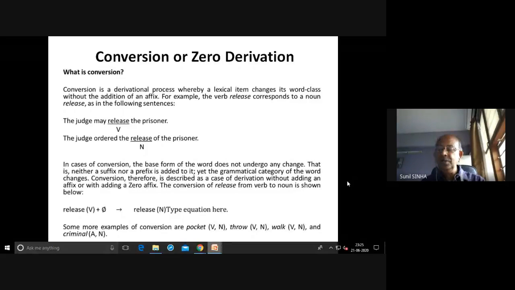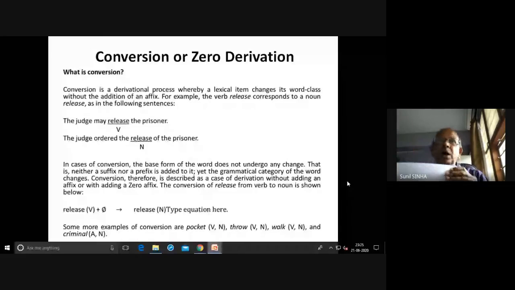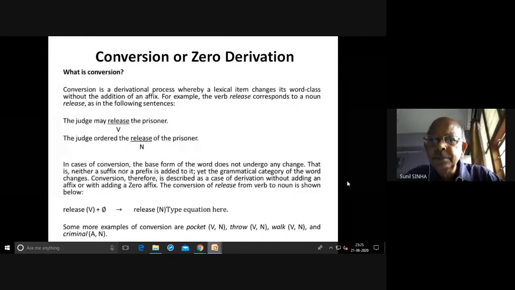What is conversion? Conversion is zero derivation. And what do we mean by zero derivation? We take a word, we add a zero affix, that is zero derivation, and that is conversion, which is different from deriving a word like write, writer. That is purely derivation, derivation by adding a suffix. But here we are deriving a word by adding nothing or a zero affix.